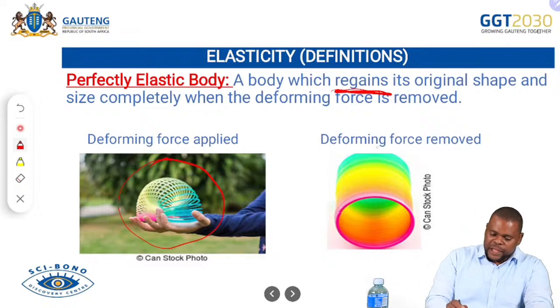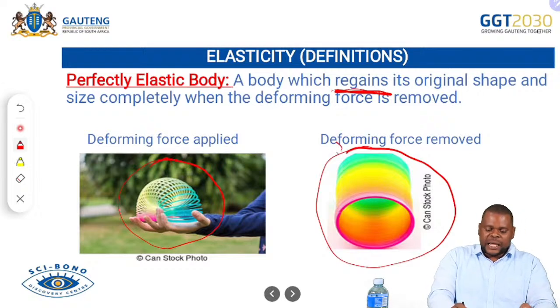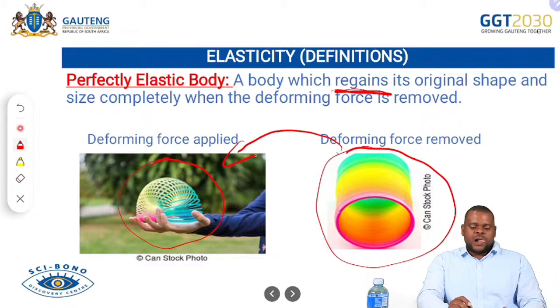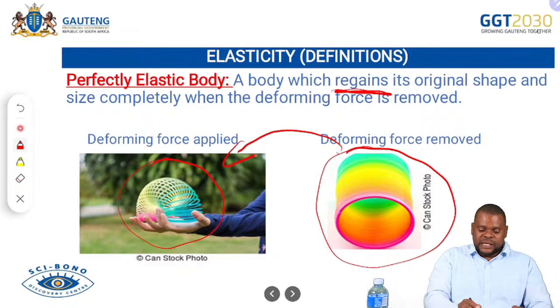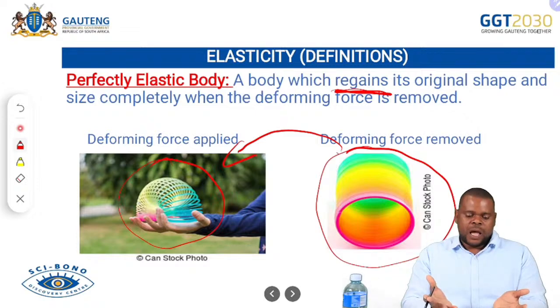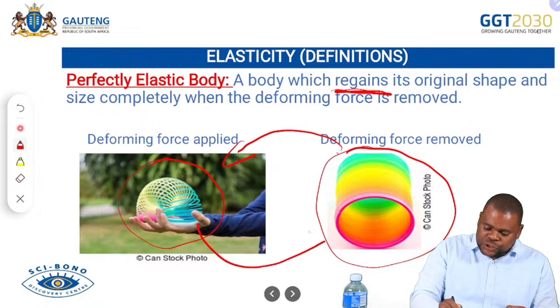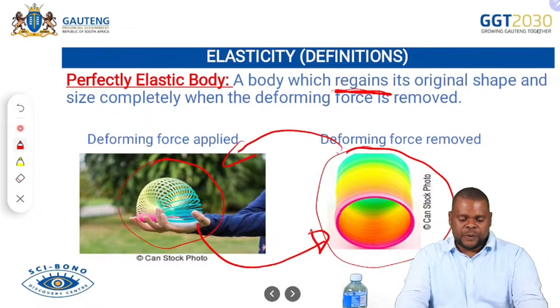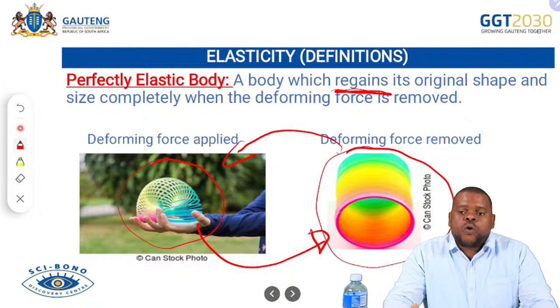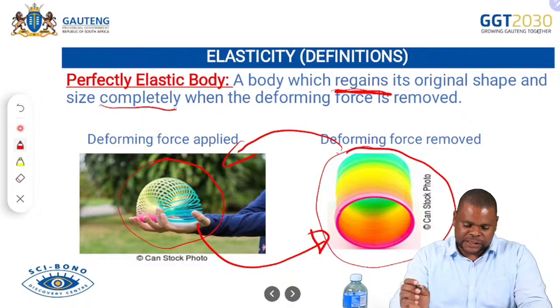At the beginning, the body looks like this, and then we apply a deforming force. After then it changes shape. Can you see the shape now? It's changed, and the size also has changed. But immediately when I remove the deforming force, it will go back to its original shape completely. Completely is also very, very important.